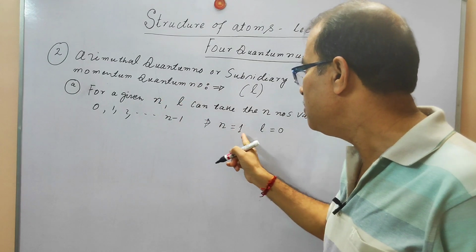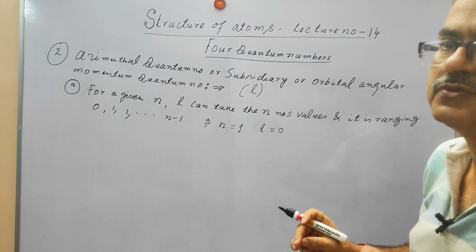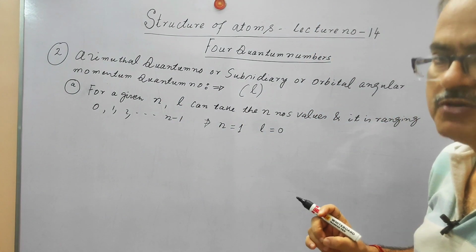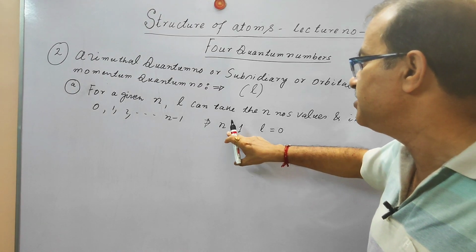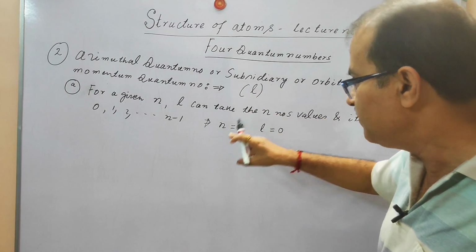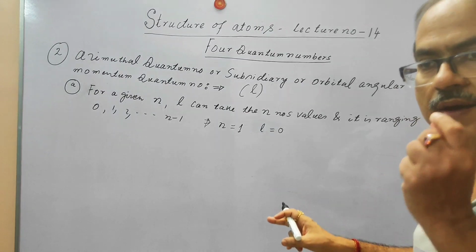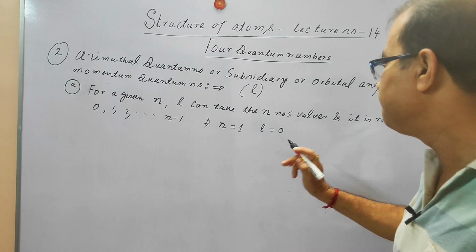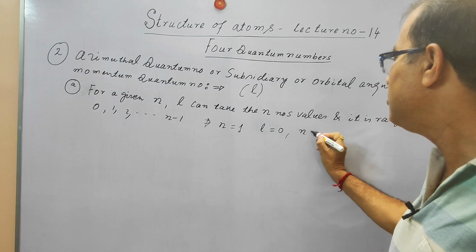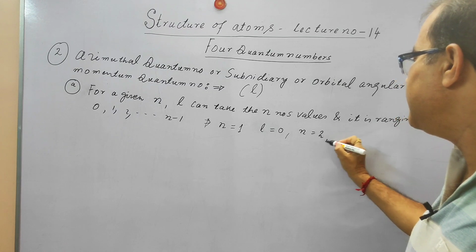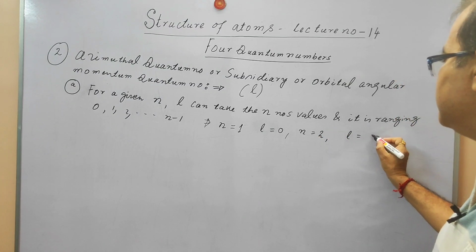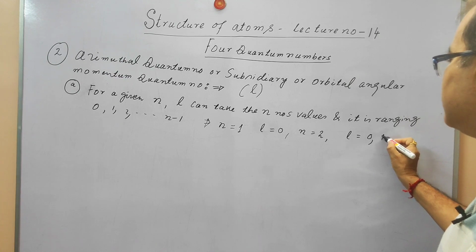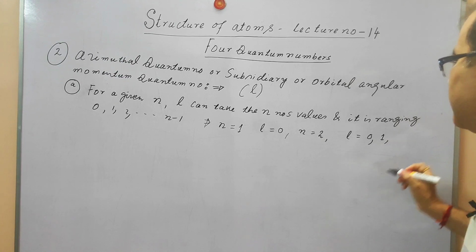Because the number of values of the subshell, the azimuthal quantum number, depends on this n. When n is 1, then l will have only one value, that is 0. When n equals 2, then l will have two values, 0 and 1, right?